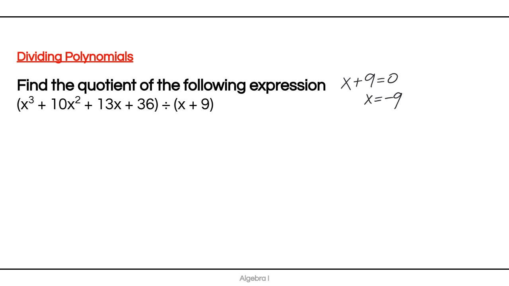So now inside my box, I'm going to have negative 9. Then I have x cubed has a 1, x squared has a 10, x has a 13, and the constant is 36.